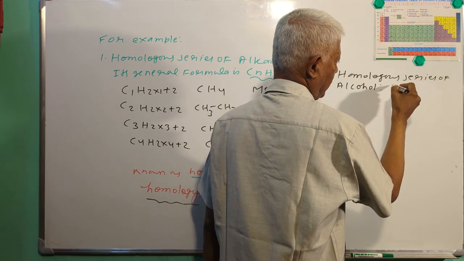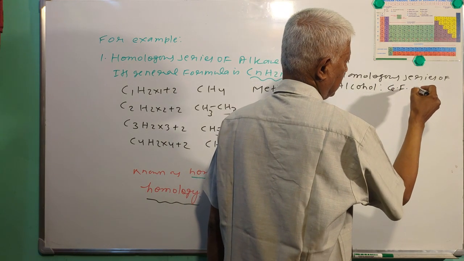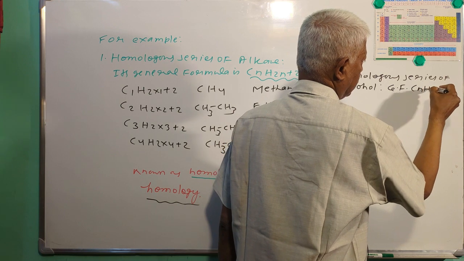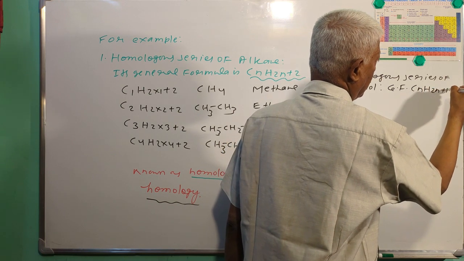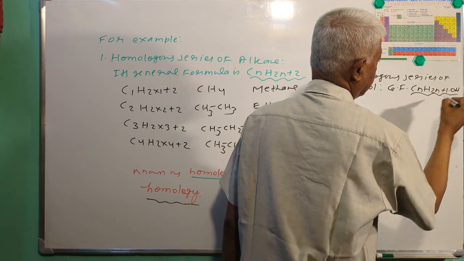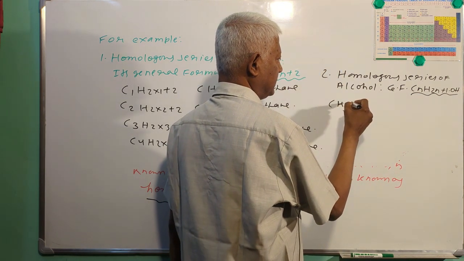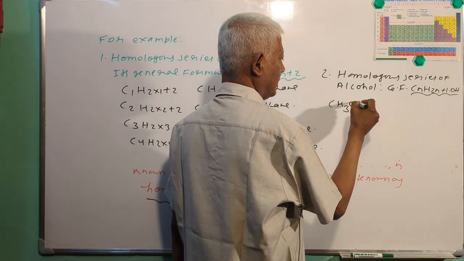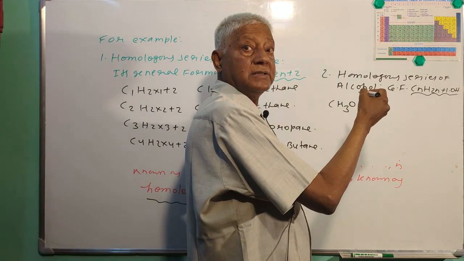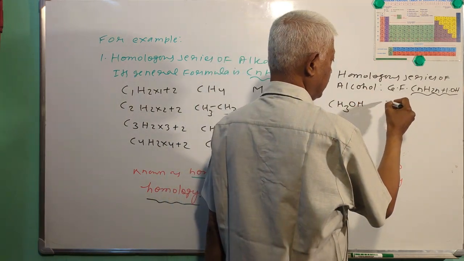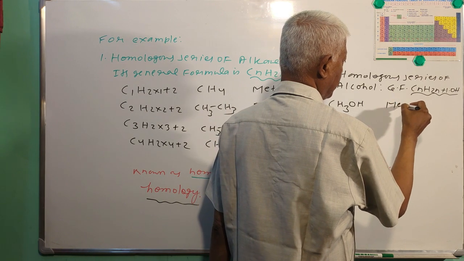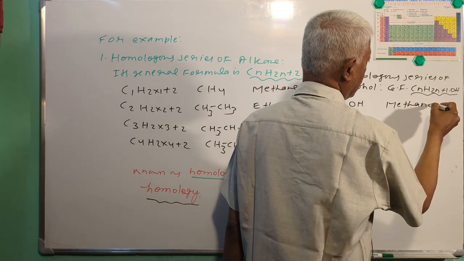Its general formula is CnH2n+1 OH. If carbon is 1, we have CH3OH. What is the name of this compound? Methanol.